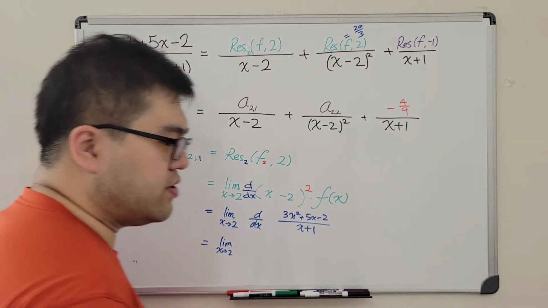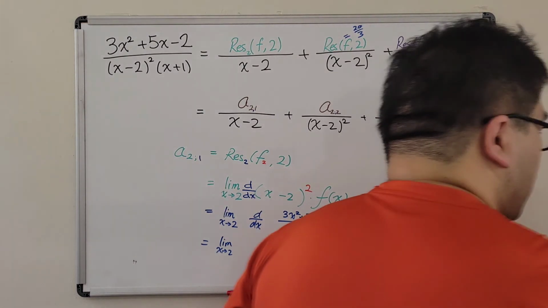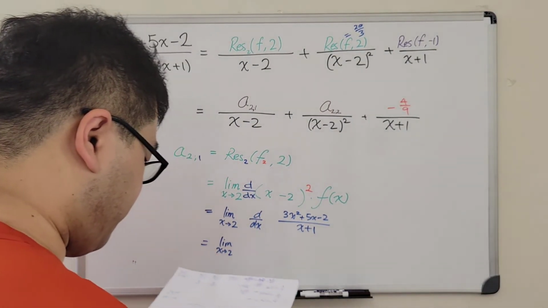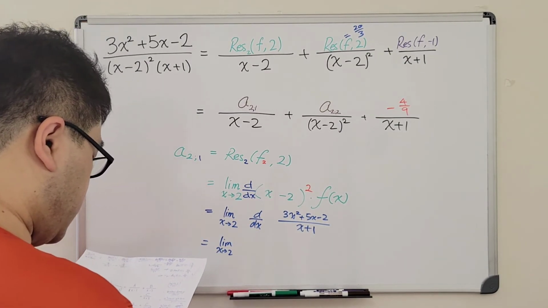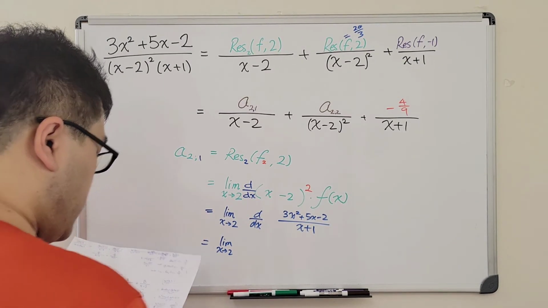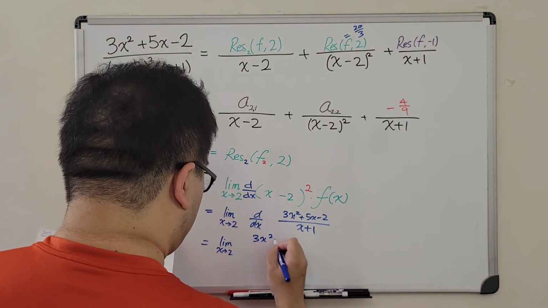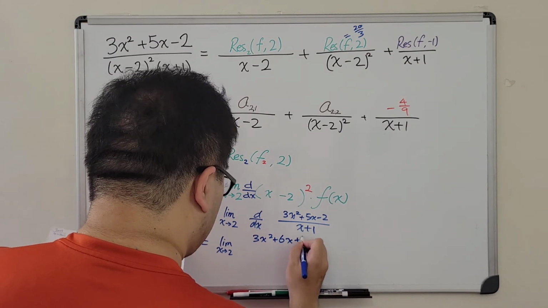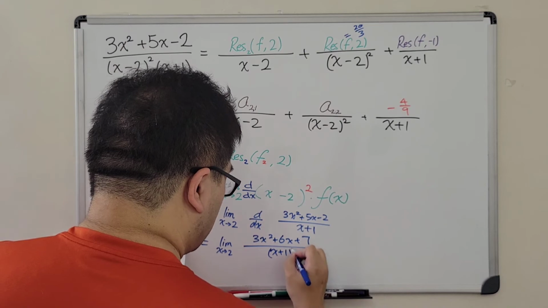I need to check my notes now. This is, I believe, not so nice. Should be 3x squared plus 6x plus 7 all over x plus 1 quantity squared.